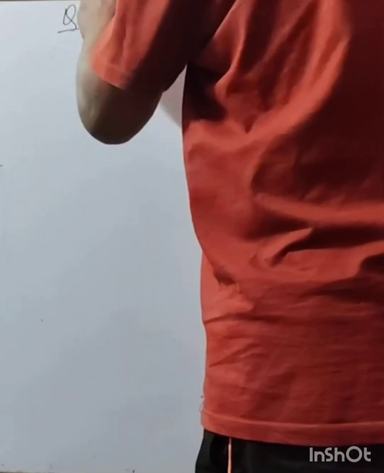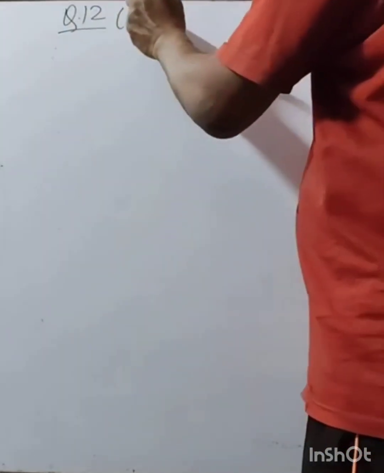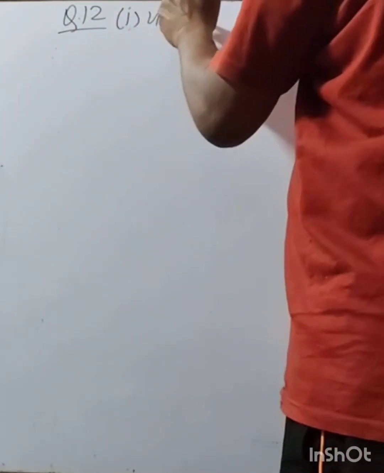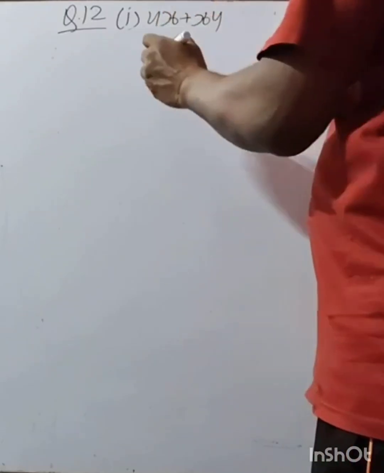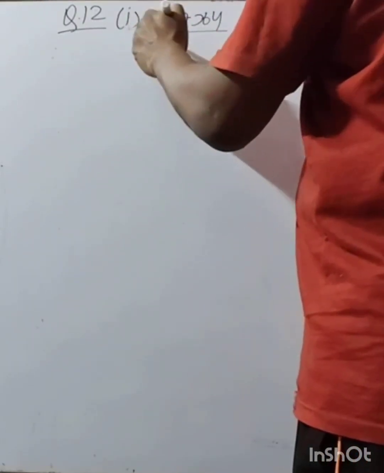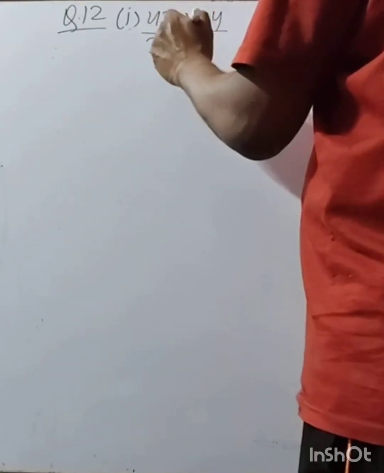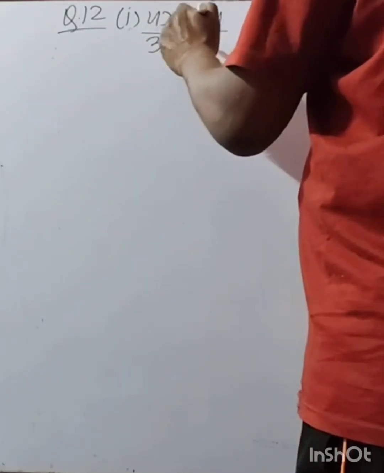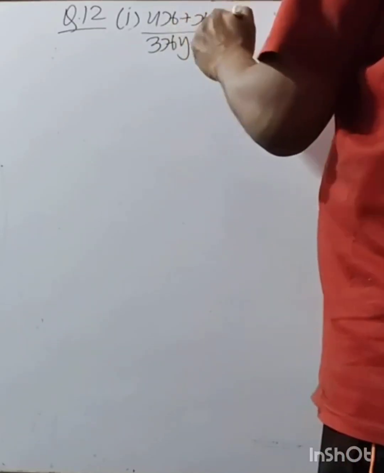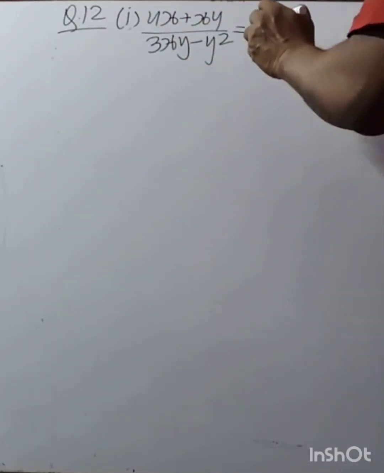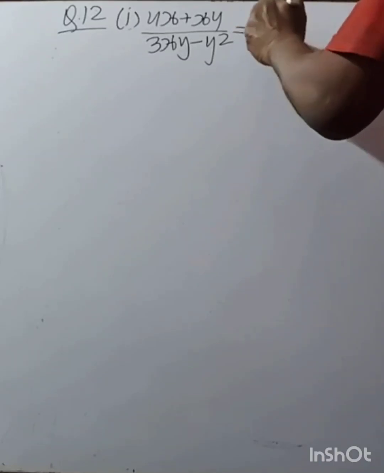What is that? 4x squared plus xy ratio 3xy minus y square is equal to ratio 12 upon 5.